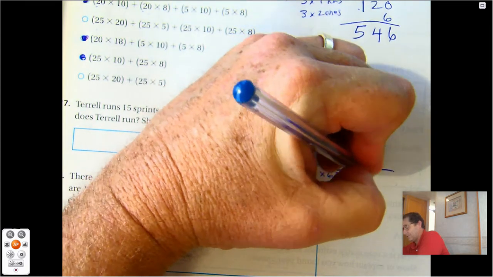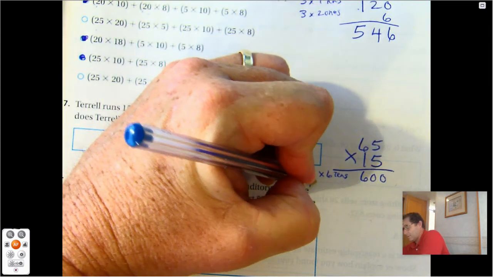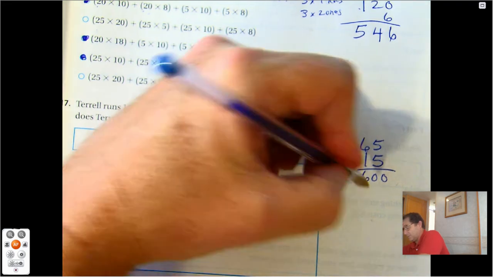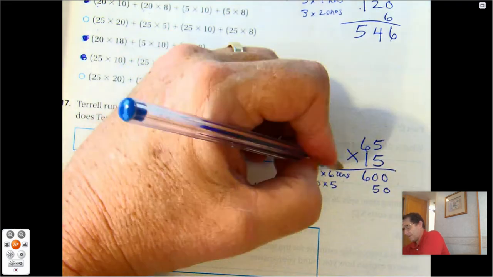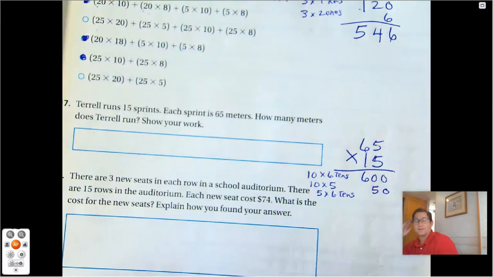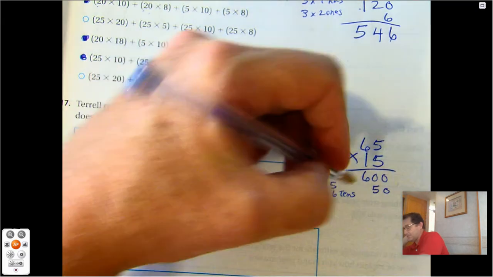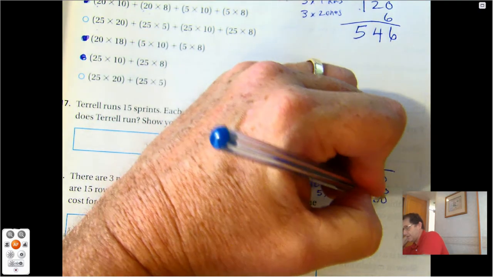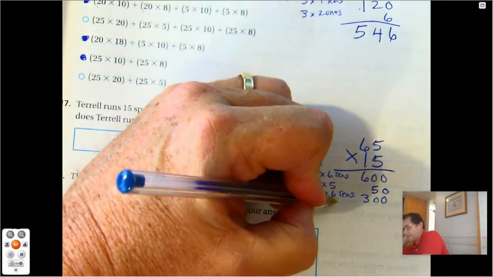We also have 10 times 5 ones, which is 50. 5 times 6 tens is 30 tens, or 300. And finally, 5 times 5 ones is 25 ones.